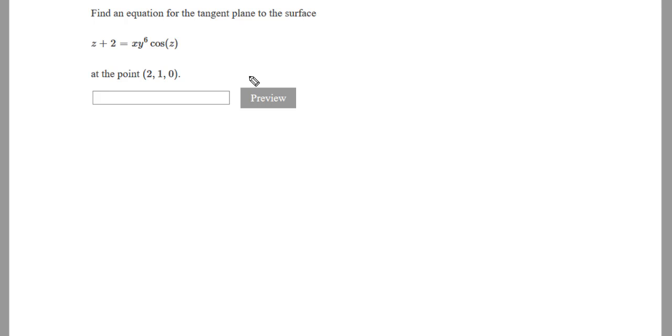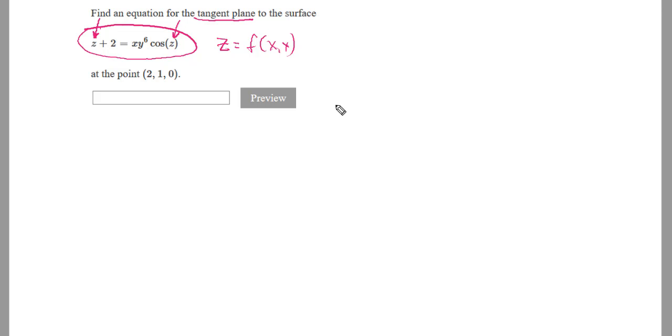First, notice that in this problem, we're trying to find the equation of the tangent plane, and what we're given is not a function of x and y. Notice that we have z's which we cannot solve and have z equals some function of x and y.